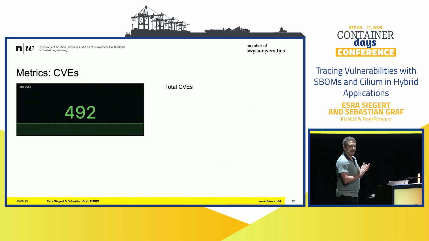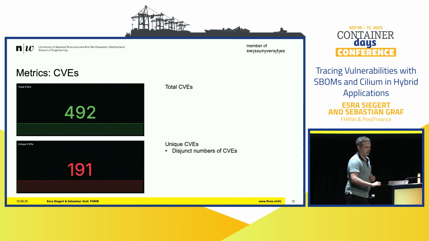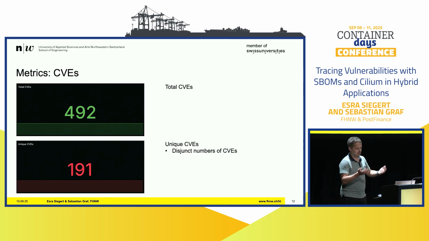And of course, we have added some metrics. So in our test scenario, we had total CVEs, 492 CVEs. And we have had 191 unique CVEs, which means probably there are some CVEs which are in multiple images and some are only in one image.